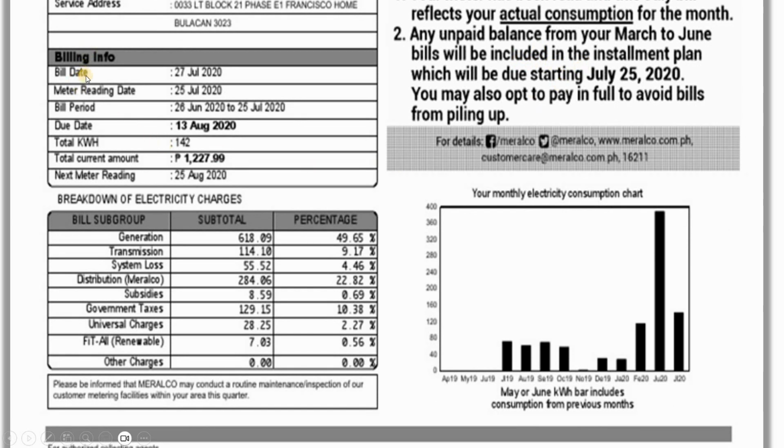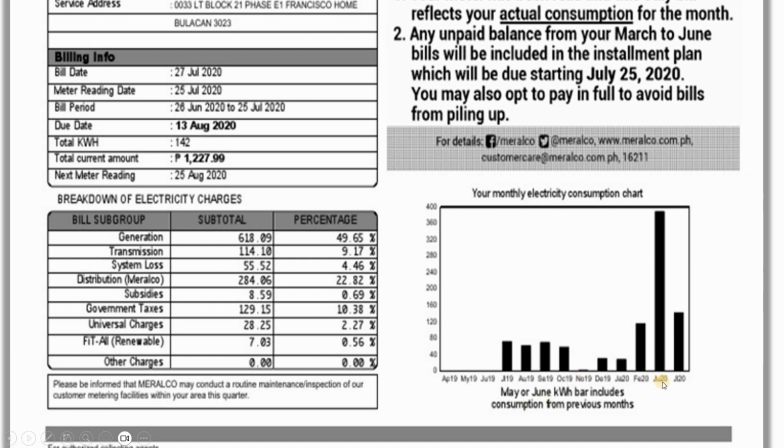And then there is billing information like the bill date, the meter reading date, the bill period, the due date, the total kilowatt hours used, the total current amount, and when the next meter reading is. There is also a bar graph. It says May or June kilowatt hour bar includes consumption from previous months. So this is Eva's monthly electricity consumption chart.